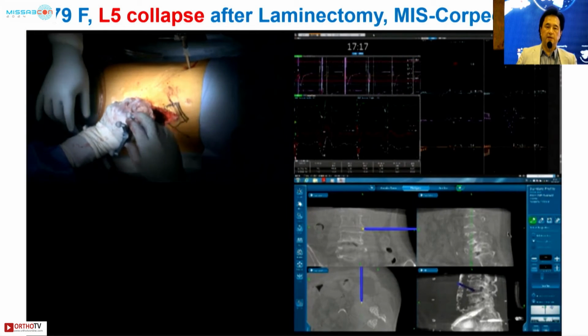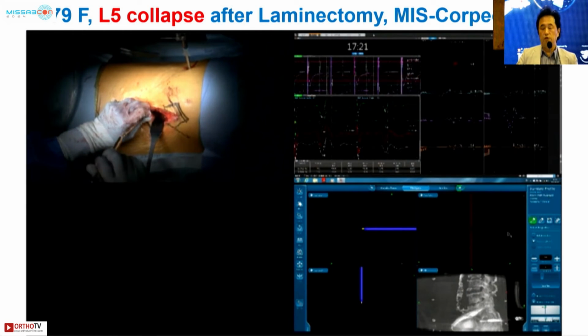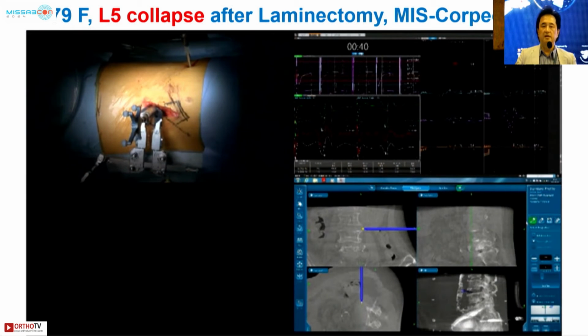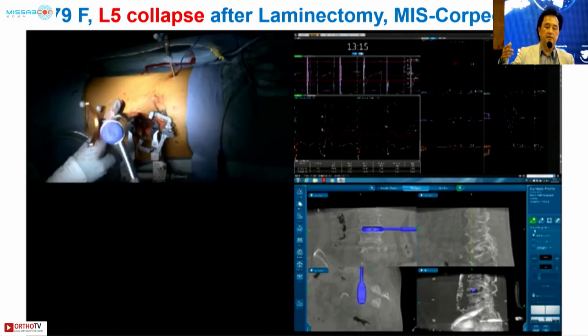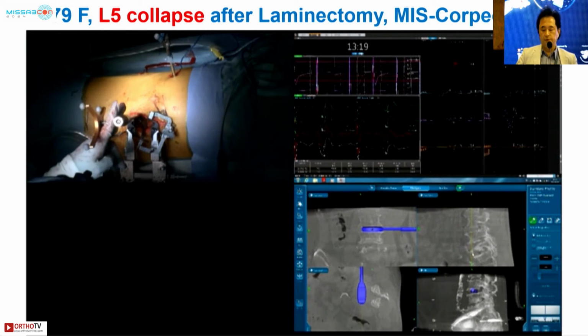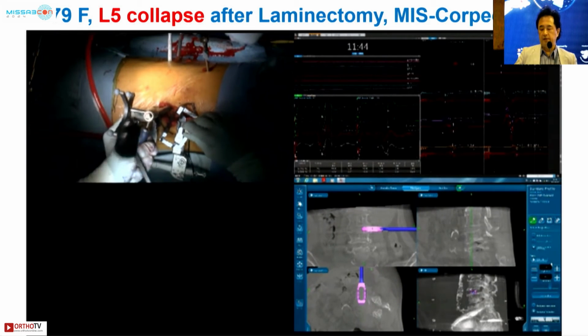And then divide the abdominal muscle, and then approach the L5 collapsed vertebra. For this case, 2 above, 2 below can help, but I usually use a sacral iliac screw, which is a very strong screw. Now I'm putting the cage.